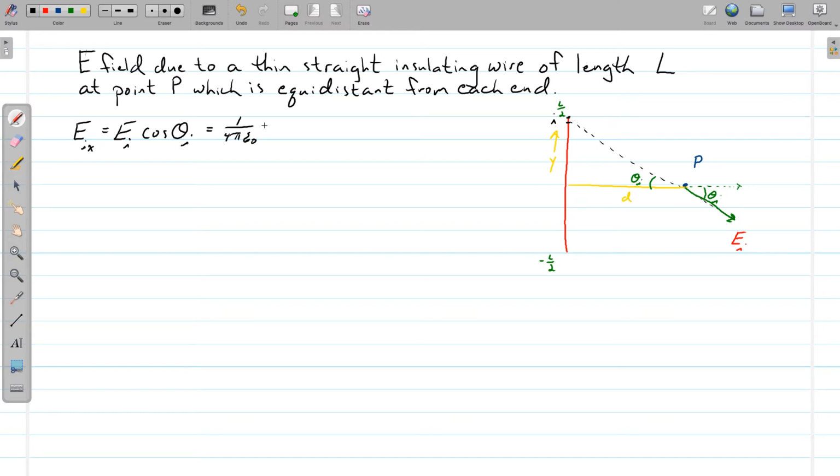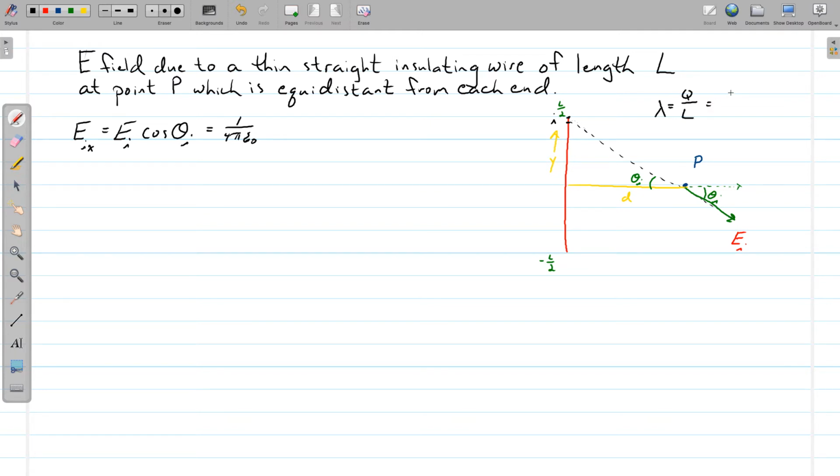Now we need to be careful here. The charge is just some tiny little piece of charge, and the charge is equally distributed along the length of the wire. So this is where we put in our linear charge density, lambda, equals the total charge over the total length.